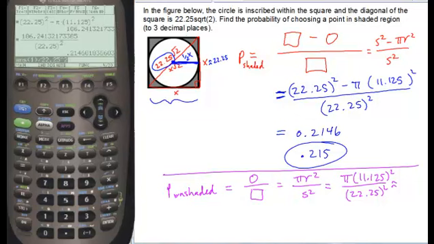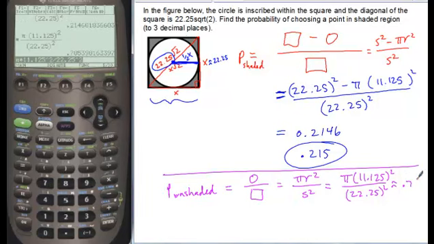So if we took that calculation here, pi times 11.125 squared, and divided by 22.25 squared, we get a value of about 0.785. And if that is the probability of the unshaded, the shaded and unshaded probabilities have to equal 1.